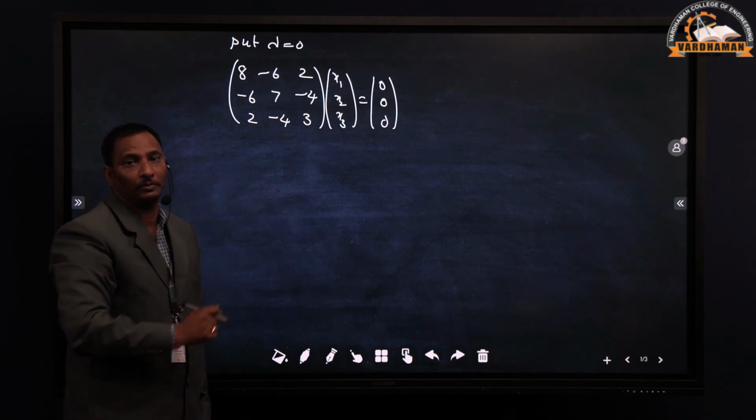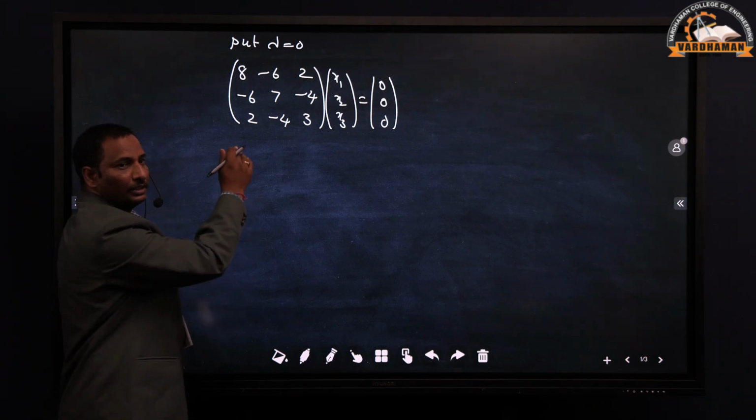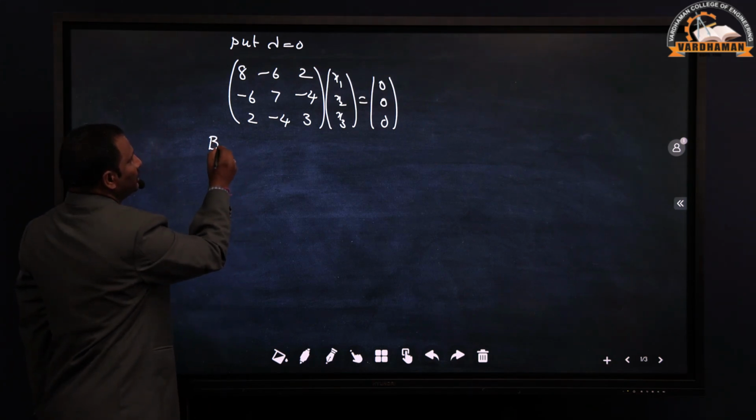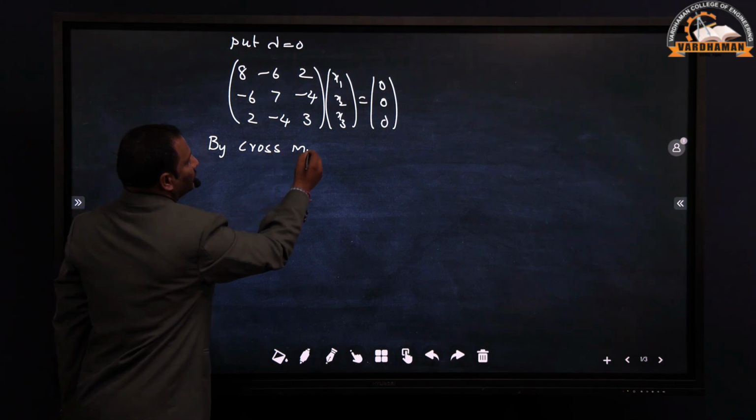This can be solved either by reducing to echelon form or by the cross method. The simplest way is the cross method here.